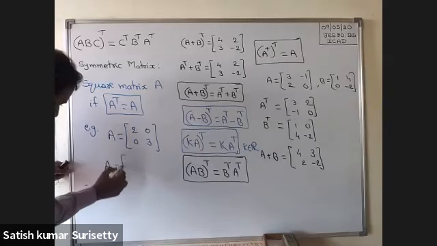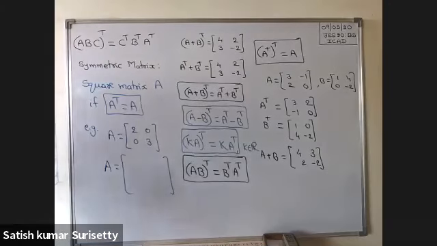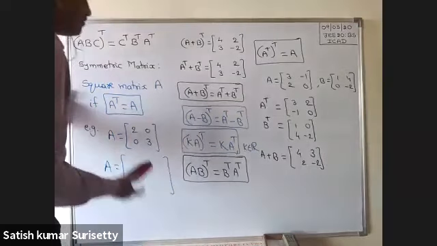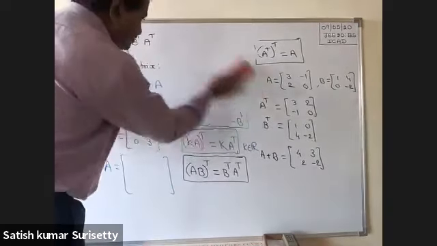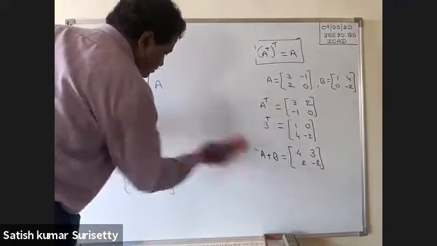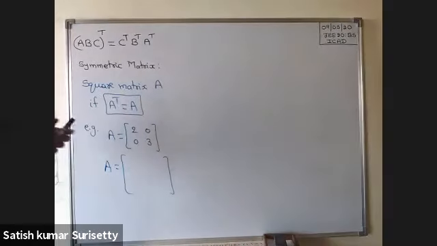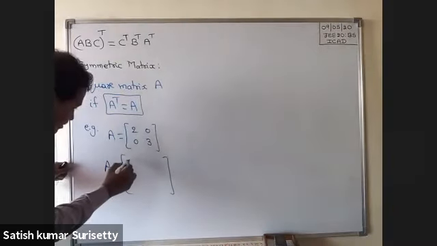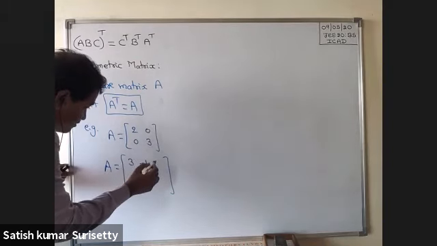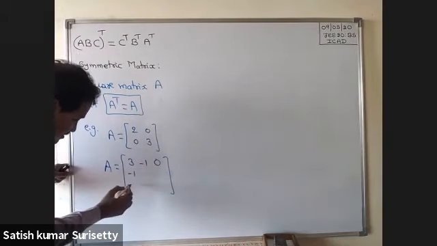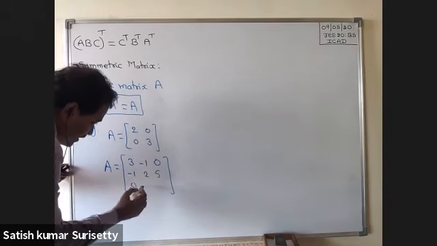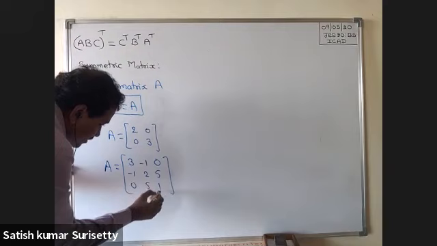Let us take another example. 3 by 3, try all of you. Check. 3 minus 1 0, minus 1 0 2, 5 5 1.